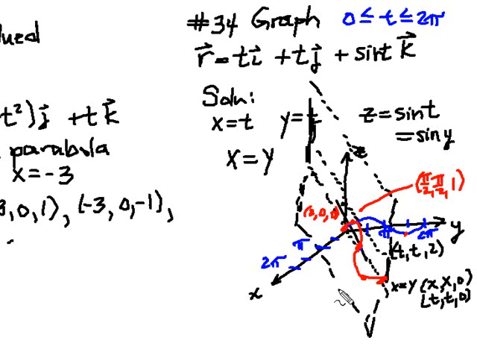And we're going to move along until we get over to 2 pi. So I need to put in some arrows indicating that. We're starting at the origin and moving out away from the origin towards the front of the graph. And that's the solution to number 34.